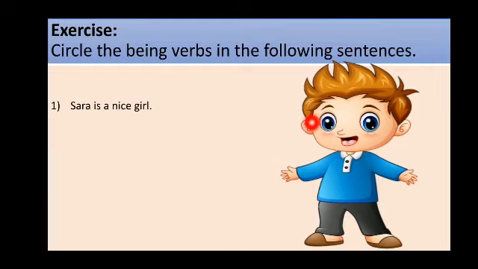I told you being verbs are is, am, are, was, were, will be, right? I hope you remember. So what is being verb here? Is. Okay? Is a being verb.